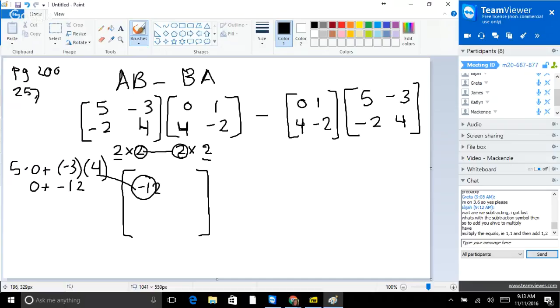You have to do the multiplication before you do addition and subtraction, just like PEMDAS. So we're going to evaluate A times B first, then evaluate B times A, and then subtract the two.